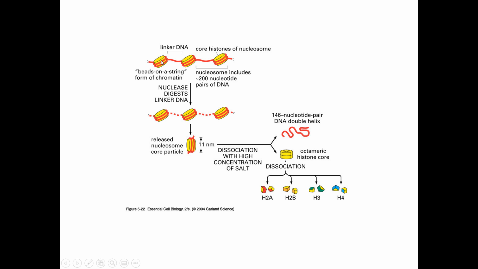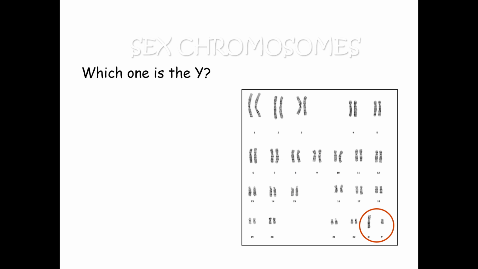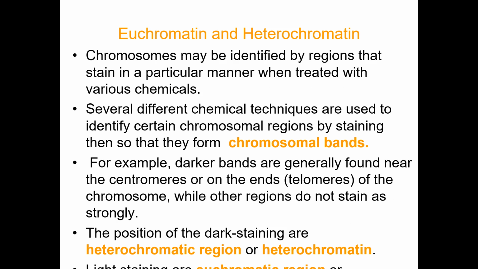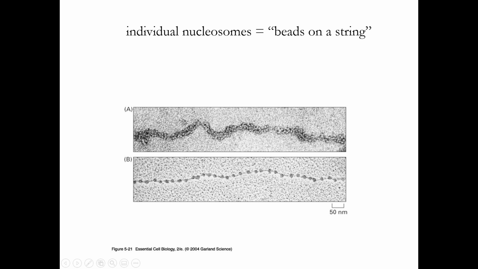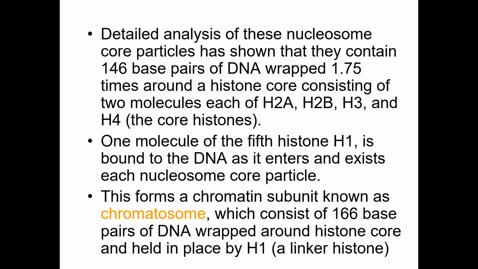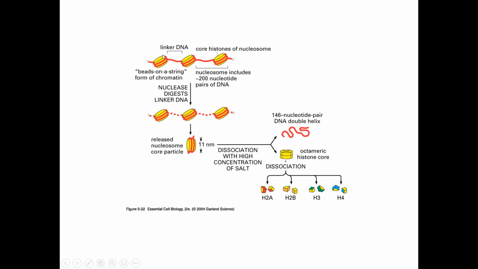Then these beads are joined by what you call the linker DNA, and this appears like beads on a string. That is the nucleosome, how it appears under the electron microscope. If you further analyze, this is how it has been arranged.